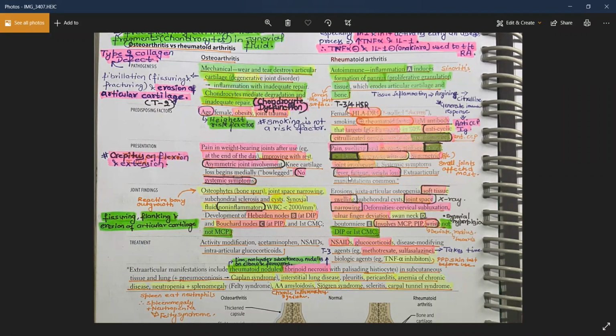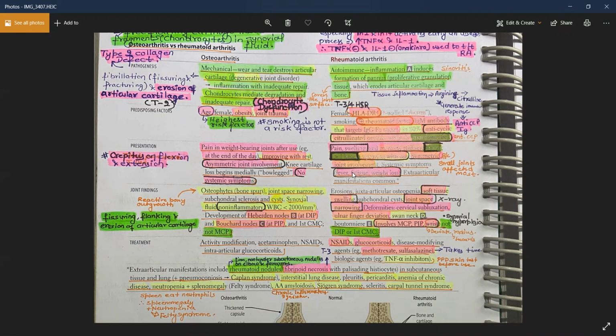And this pain generally improves with use, unlike in osteoarthritis, in which you have pain with the use of the joint. In rheumatoid arthritis, you have pain at rest. With joint use, the pain is resolved.